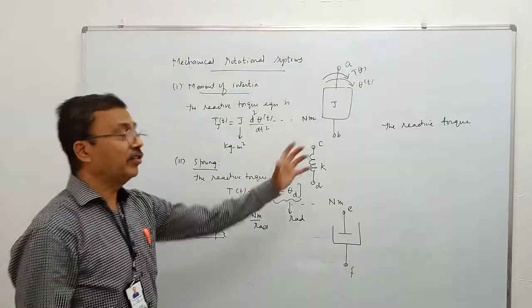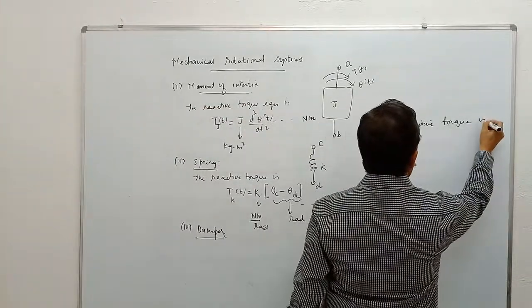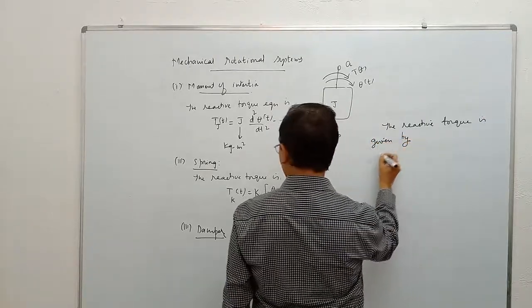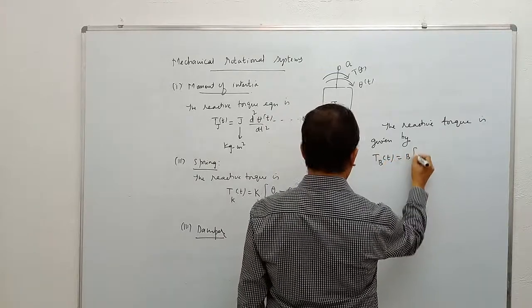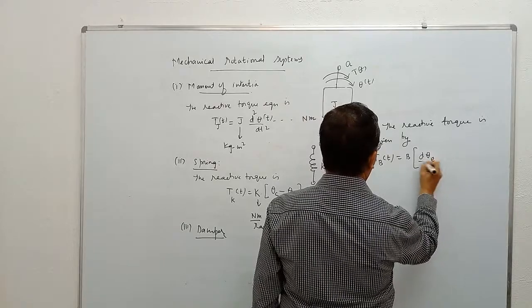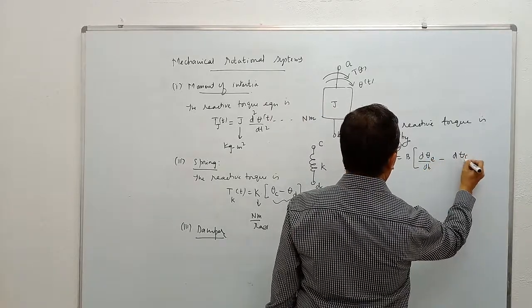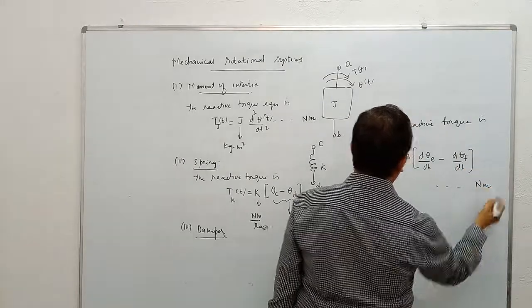Whenever we deal with translation systems, we have to use force. The reactive torque is given by Tb of t is equal to B into d theta E by dt minus d theta F by dt. Unit of this is Newton meters.